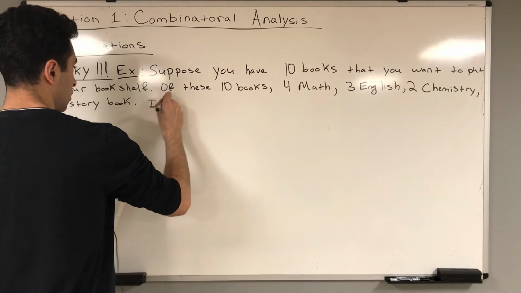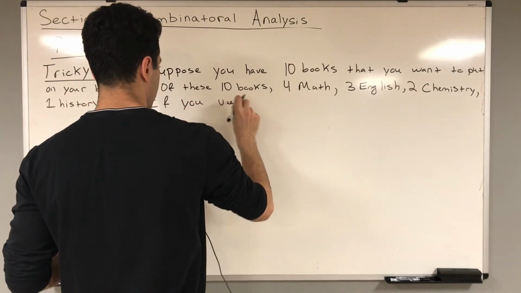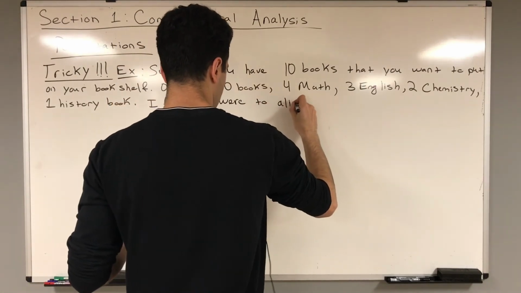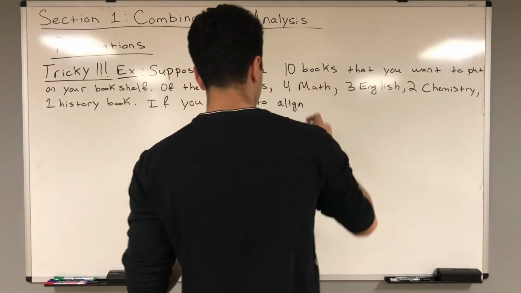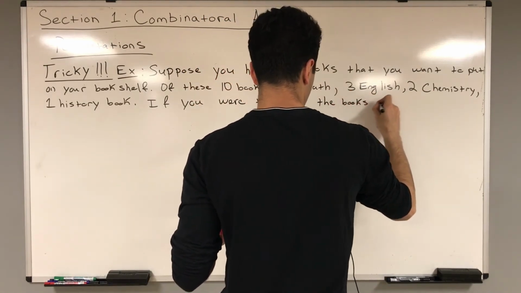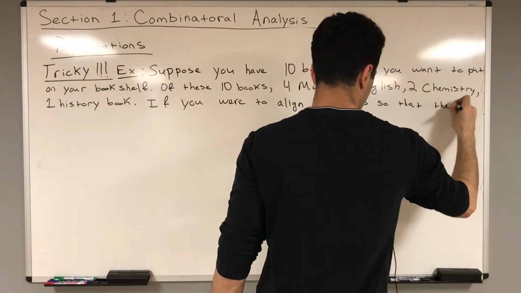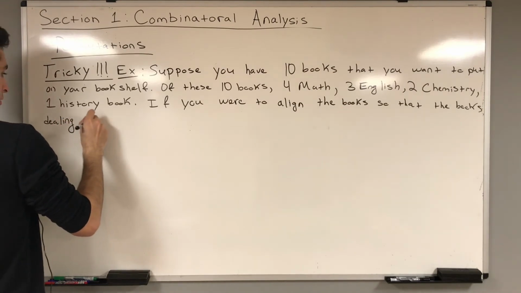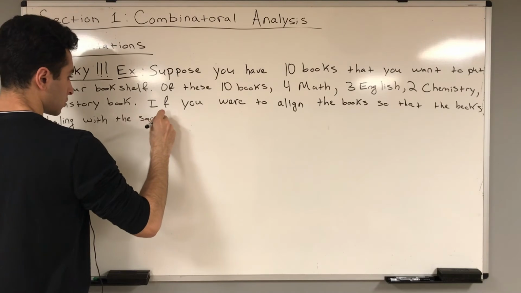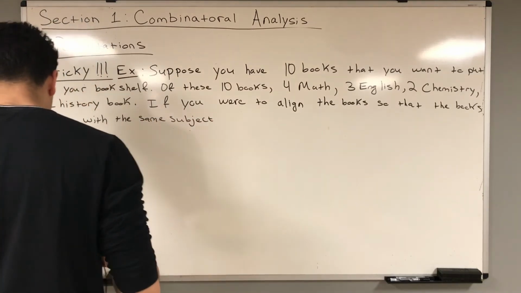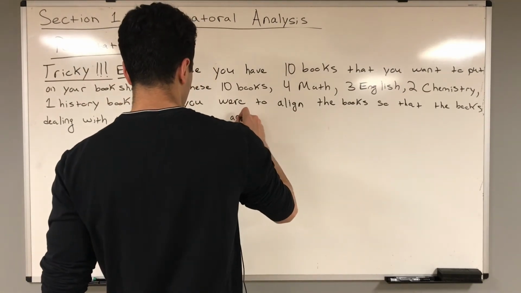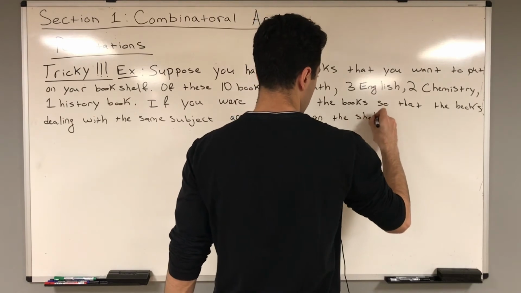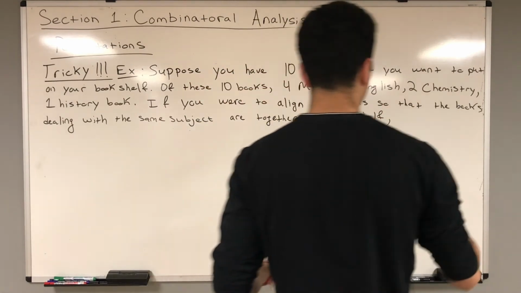So, if you were to align the books so that the books dealing with the same subject are together on the shelf, how many arrangements are possible?